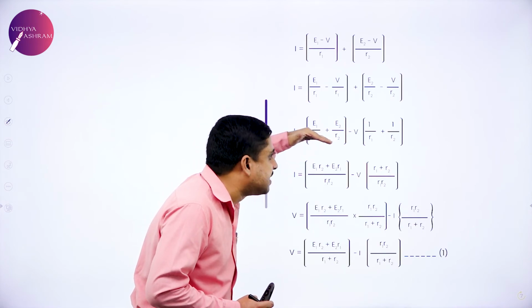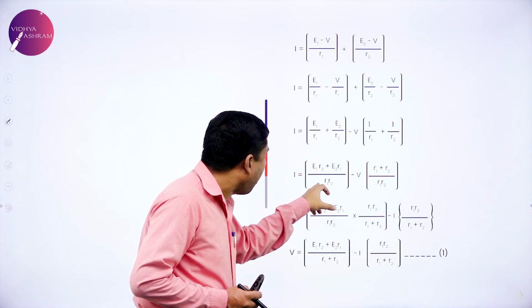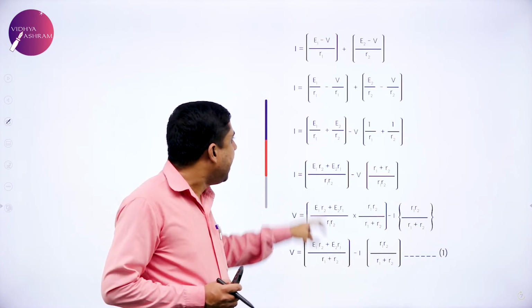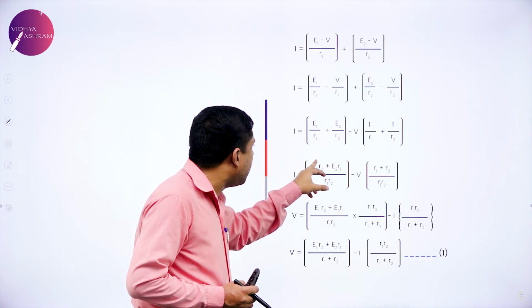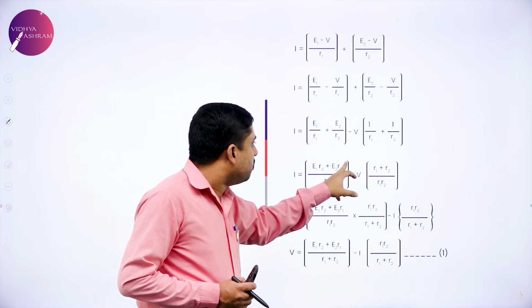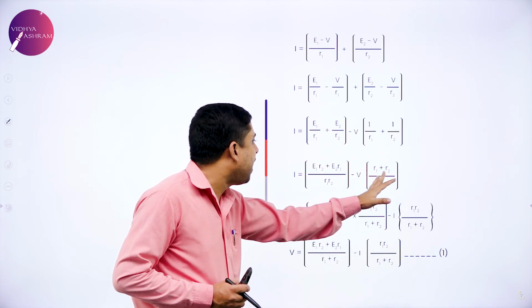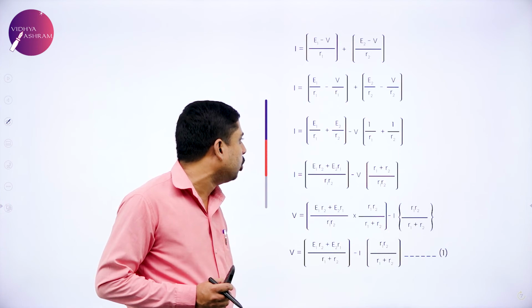Again, I repeat this simplification: I take LCM R1 R2, hence cross multiply, E1 R2 plus E2 R1 minus V (R1 plus R2), divided by R1 R2.